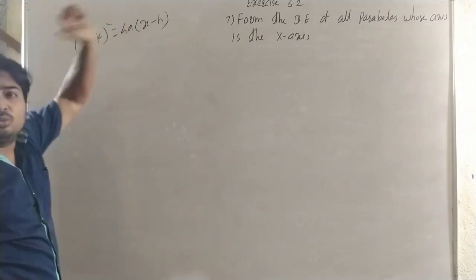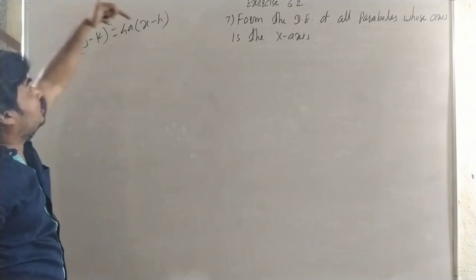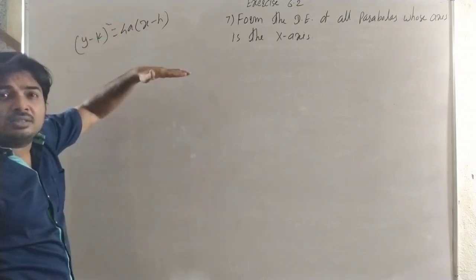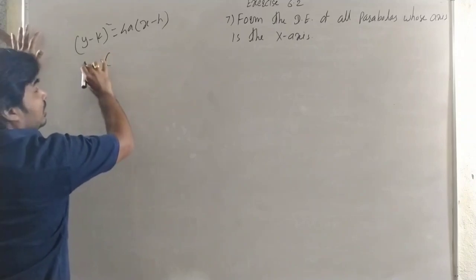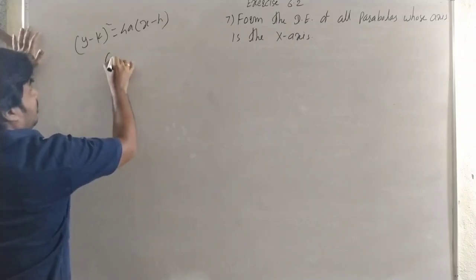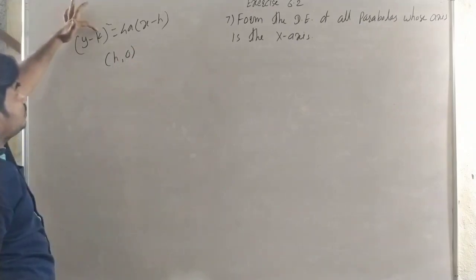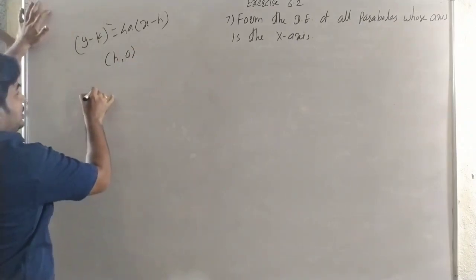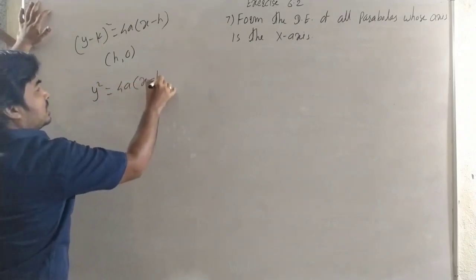For y square equals 4ax the vertex is the origin, but here the vertex is (h, k). The axis is the x-axis, therefore the vertex is on the x-axis, where the y coordinate is 0, so our equation is y square is equal to 4a into (x minus h).